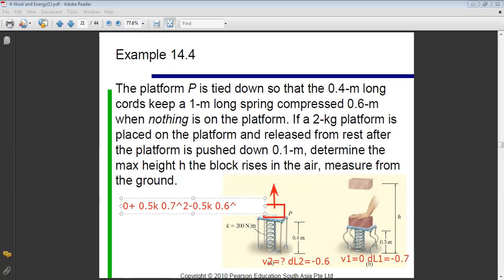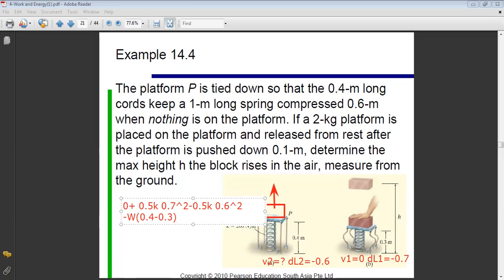But what will change now is the work of the weight, because for the weight, y1 is 0.3, but y2 is only 0.4. So the work of the weight is minus W times (y2 minus y1), which is 0.4 minus 0.3.